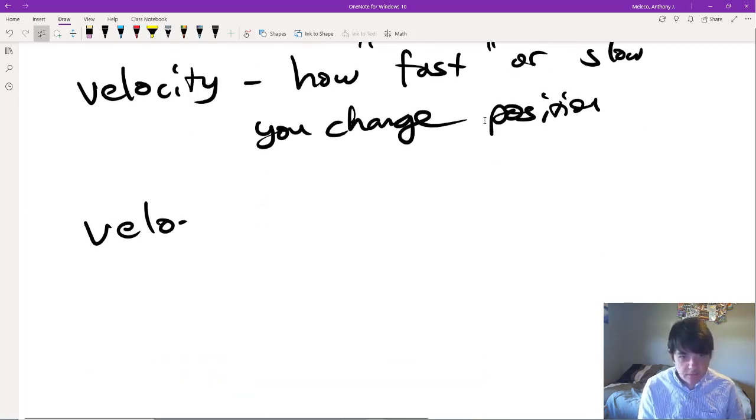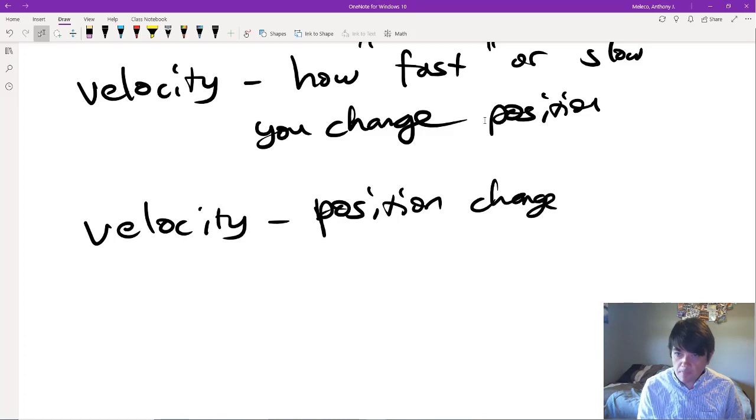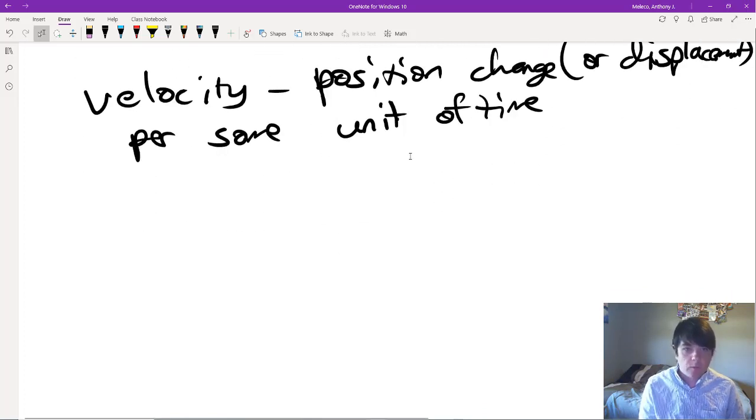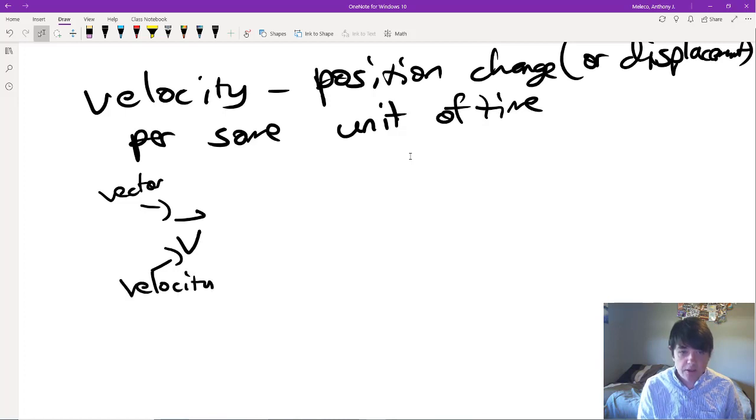So velocity is position change or displacement per some unit of time. Okay? This is what it looks like mathematically. We use a v for velocity, and it's a vector, okay, just like position is. And again, we'll talk about that.